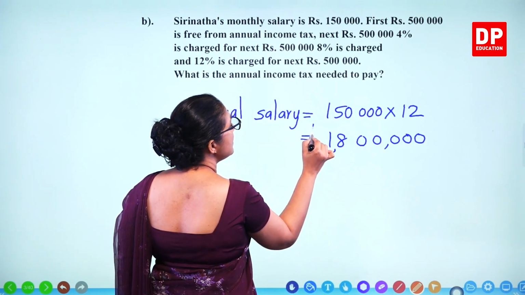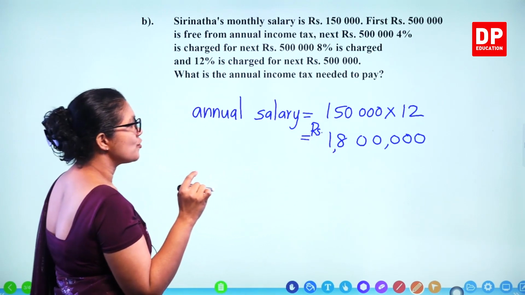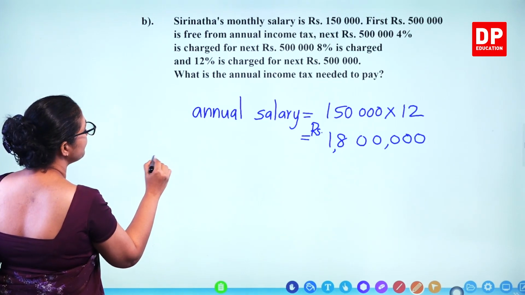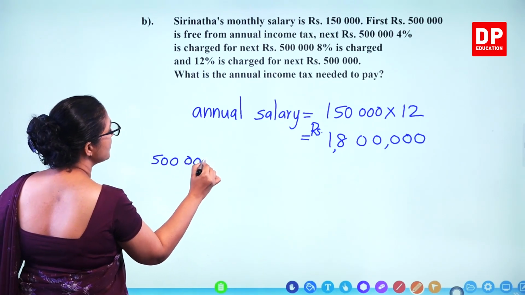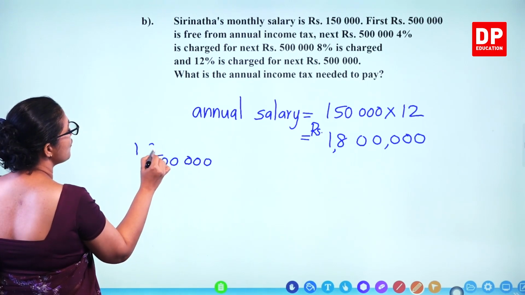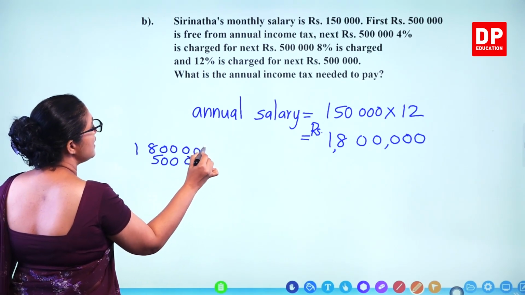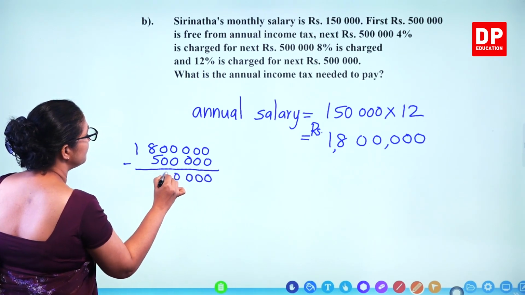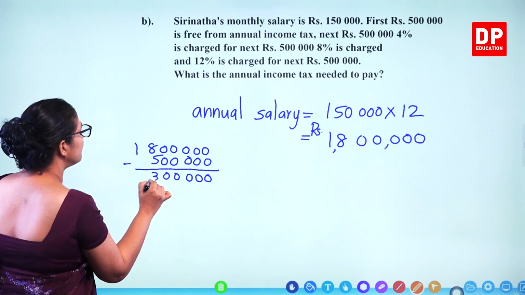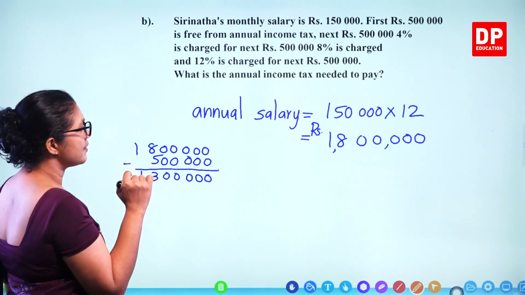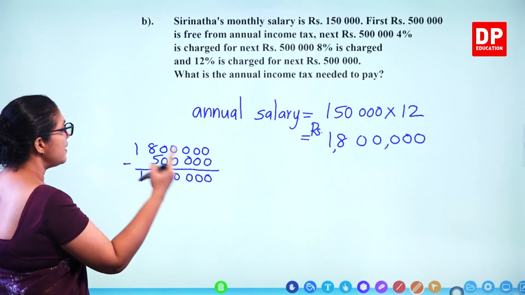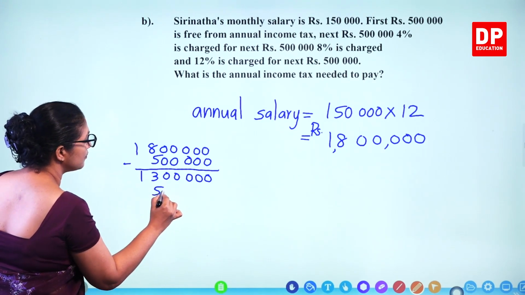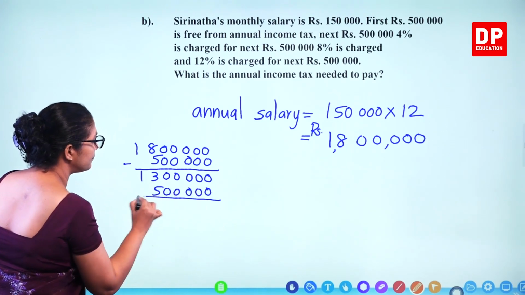So 1,800,000 rupees. We have to do it step by step. First 500,000 is free, so we can subtract 1,800,000 minus 500,000, which gives 1,300,000 because it's free. Then the next 500,000 at 4%.